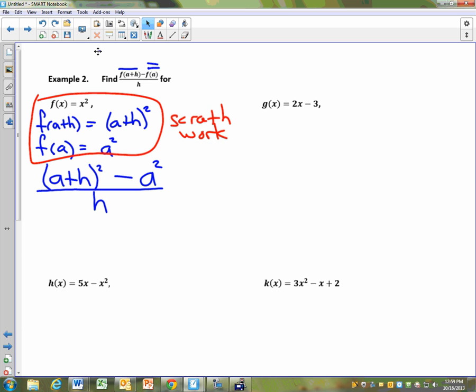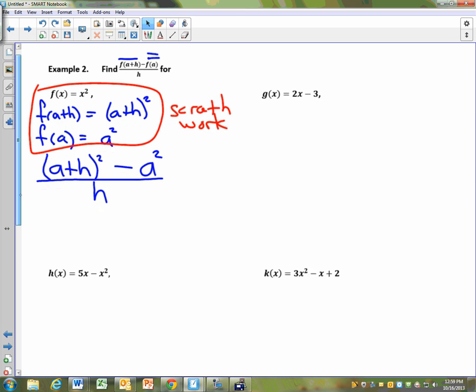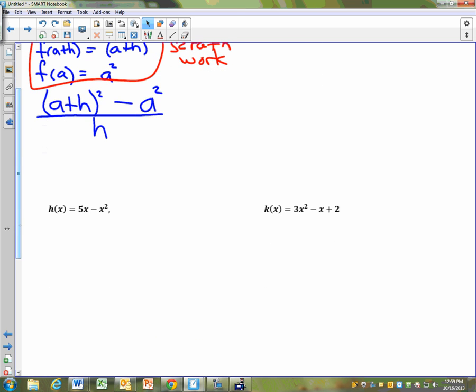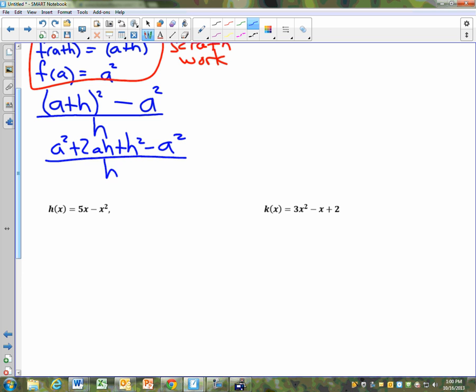The part below it is what I'm actually evaluating. So let's simplify that and see what we get. What is A plus H squared? Good. FOIL it out. A squared plus 2AH plus H squared, minus A squared, divided by H.